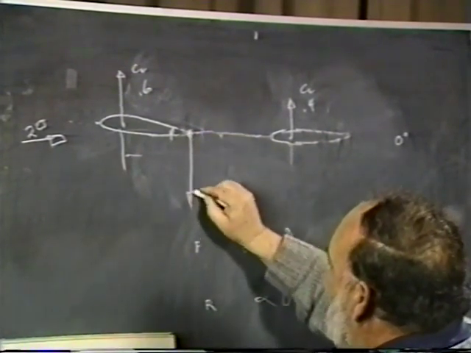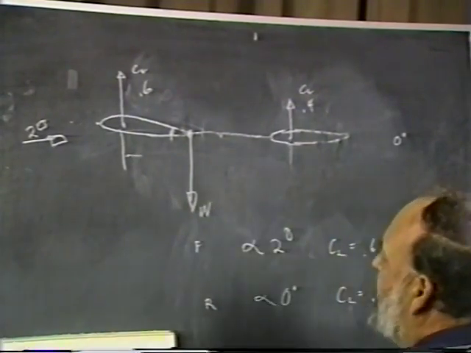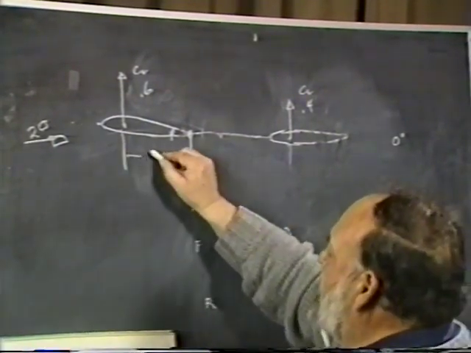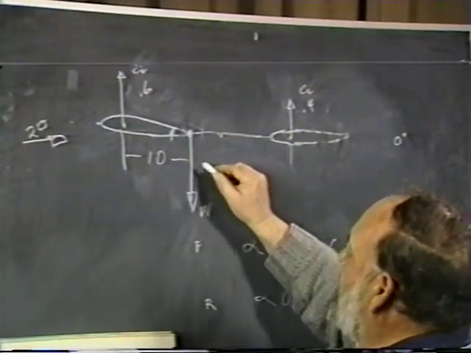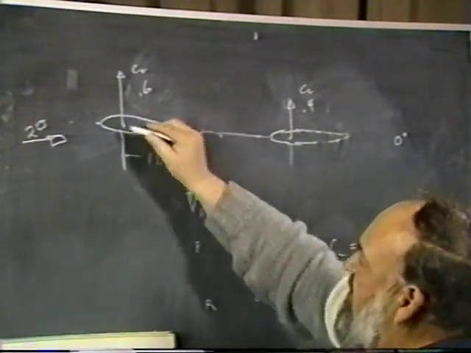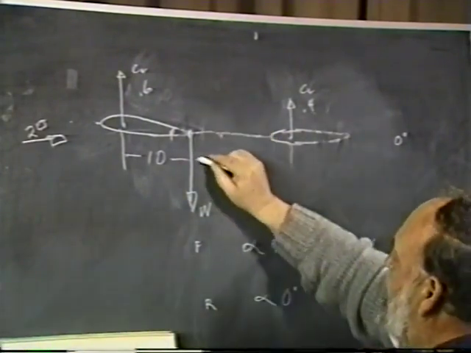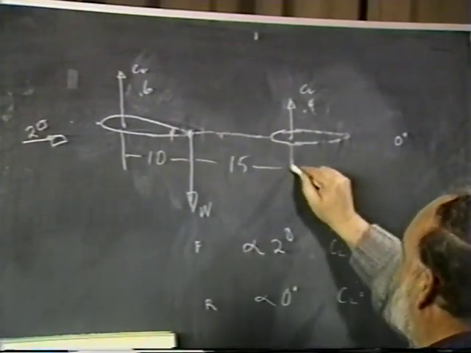So now we will have the weight of the aircraft here. And let's just keep it down to something simple. Let's assume we have 10 units here from the CG to the quarter chord of that. For this one being only 0.4 compared to that one, this has to be 15 units.